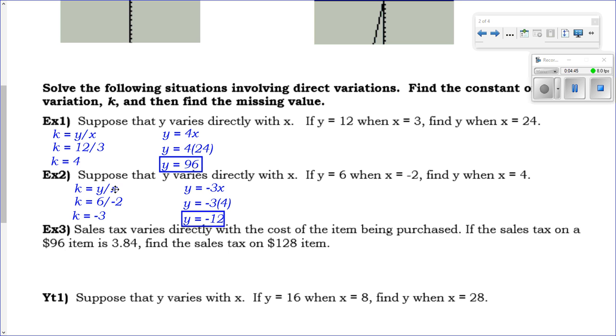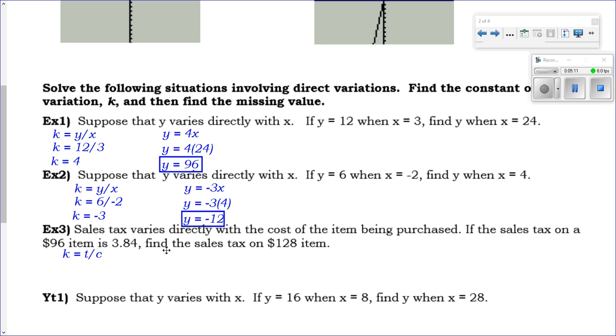We usually do k equals y over x, but I'm actually going to do k equals t over c, for tax over cost. And what I did is I read the problem, and whatever I saw first, so I saw tax, that goes on the top. Cost goes on the bottom. So as you're reading the problem, the first variable goes on top, the second one goes on the bottom. Goes in order.